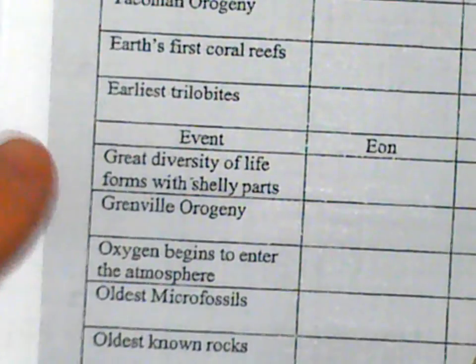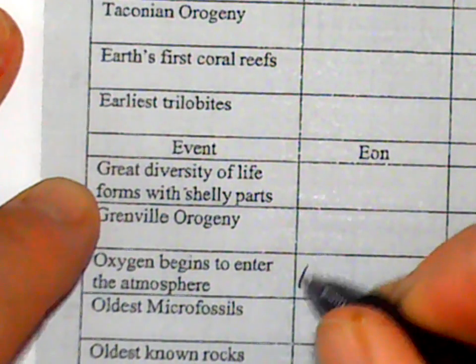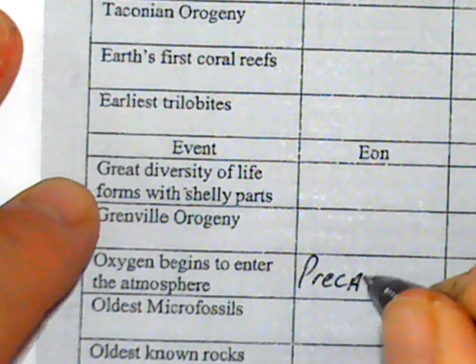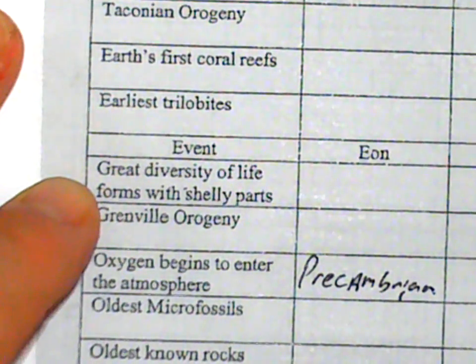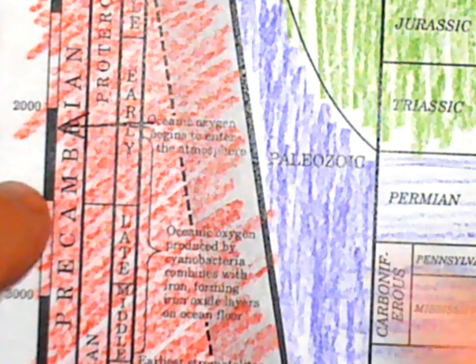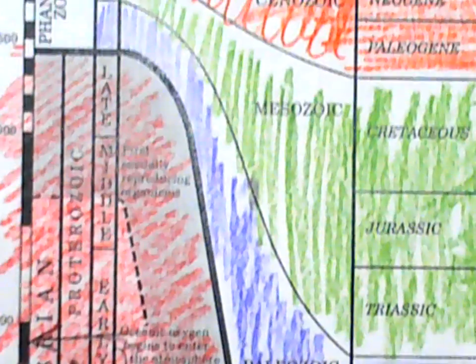Okay, so I know I'm in the Precambrian. So when I look at ocean oxygen entering the atmosphere, I'm in the Precambrian. All right, what is this sub-eon thing? Well, I'm in the Proterozoic sub-eon.